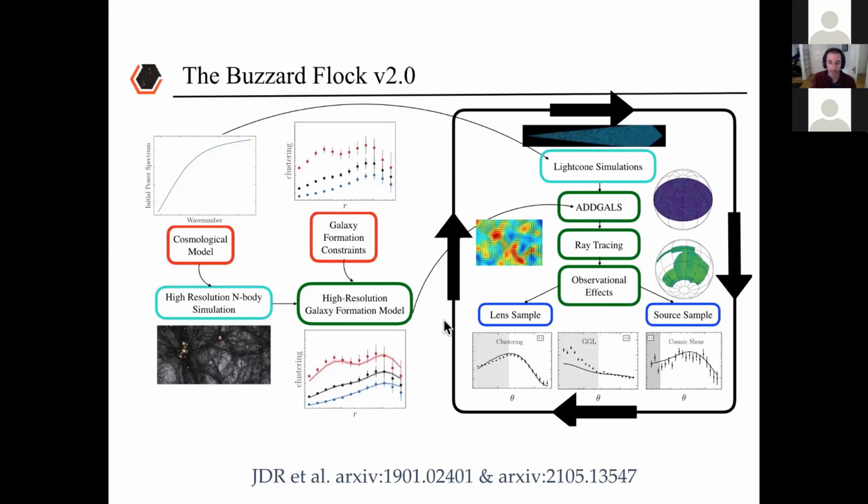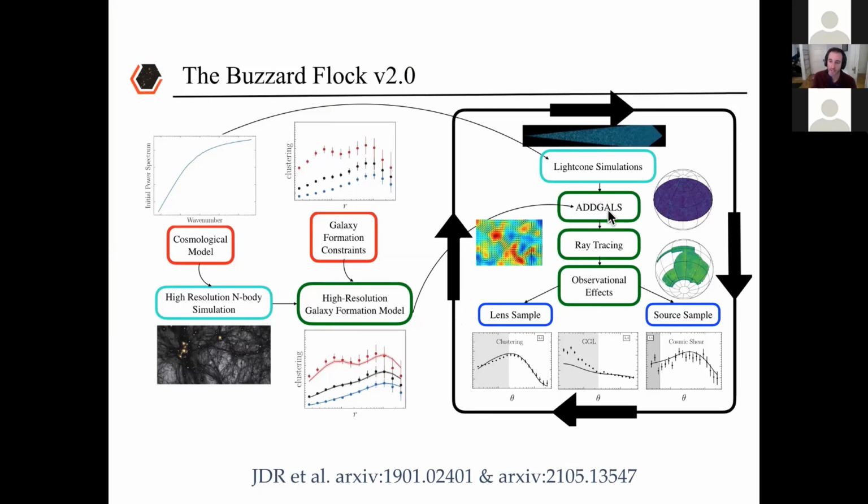And because we can do that, we're able to produce these large suites of simulations and do the tests that we want to do, these end-to-end pipeline tests. So just a brief rundown of how this whole pipeline works. We start with some cosmology. We run the high resolution n-body simulation that I was talking about. We then go out and gather the best galaxy formation constraints that we can get our hands on, and we constrain that high resolution galaxy formation model against those constraints.